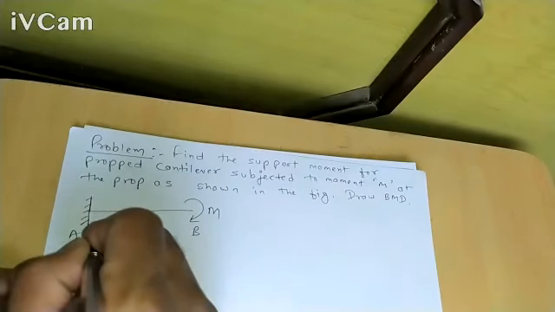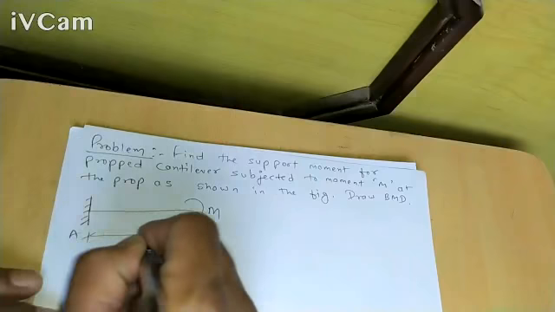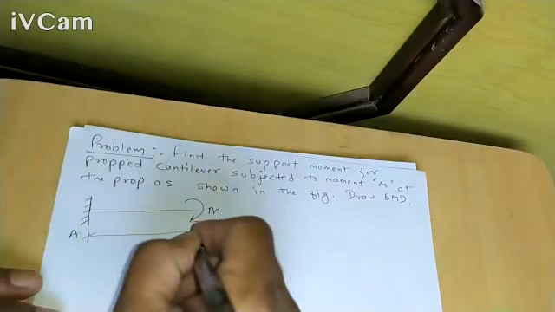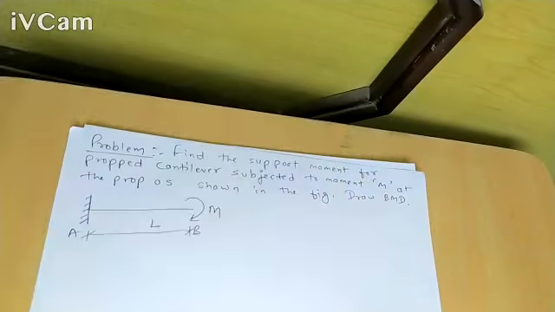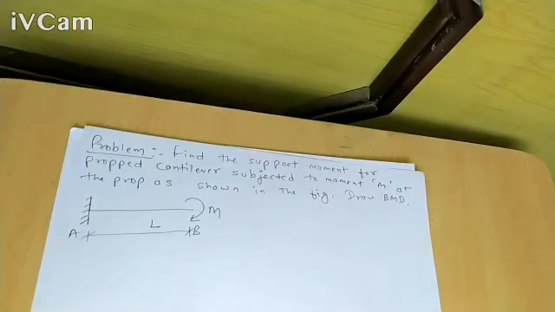So suppose MA is the friction moment. Let us consider MA, the friction moment at A. Because of this, you will get two moments.